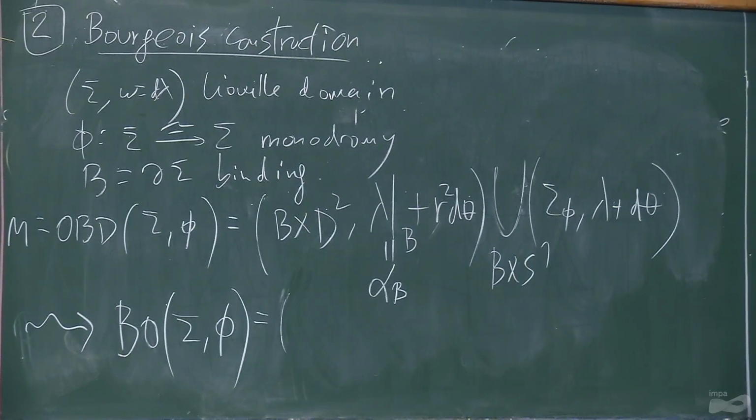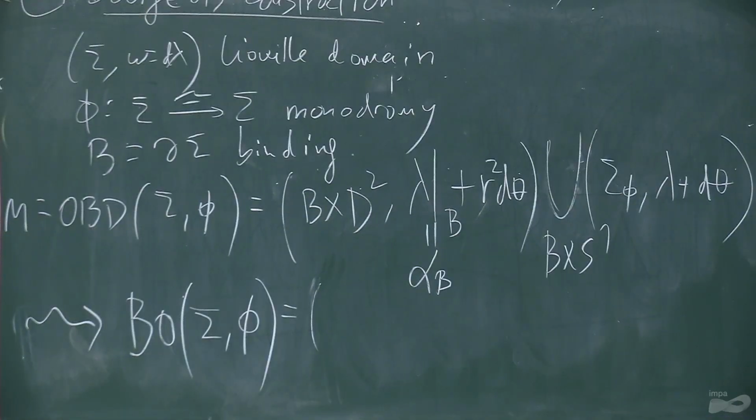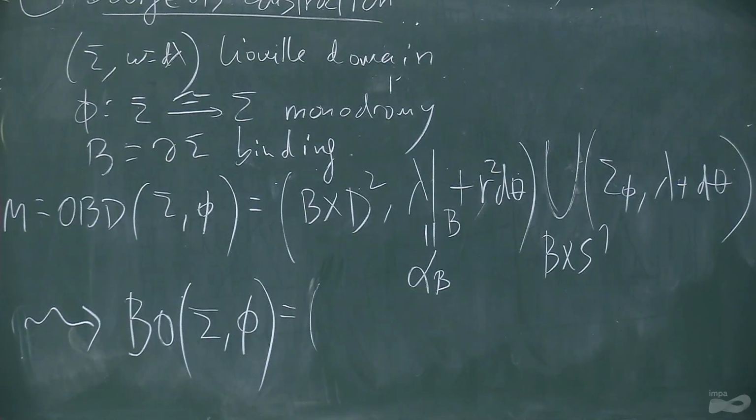So I've got this first piece, but the point is that I want to see this as the unit disk cotangent bundle of T2, which is trivial. And the contact form basically looks like this. So you take alpha b plus the standard Liouville form on D star T2. This is the first piece.